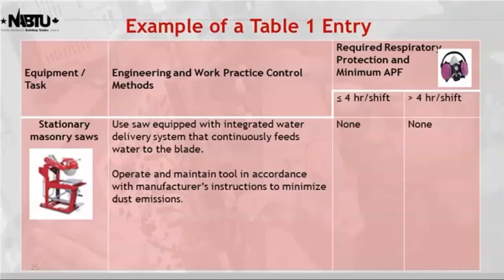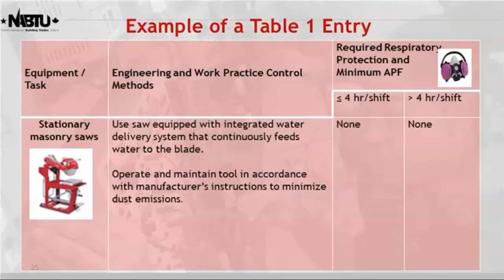But the key rule here is that you're maintaining that tool in accordance with the manufacturer's instructions. And in most cases, that will mean that you need at least a gallon of water per minute going on the blade. So if you can ensure that you're using a gallon of water per minute on the blade, then you don't need to wear respiratory protection.